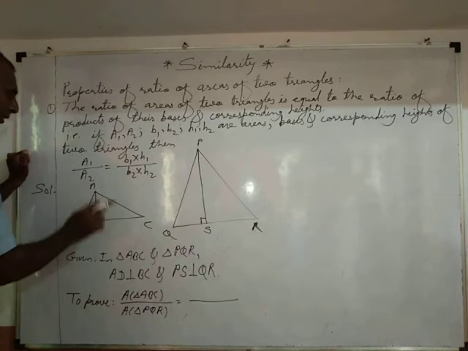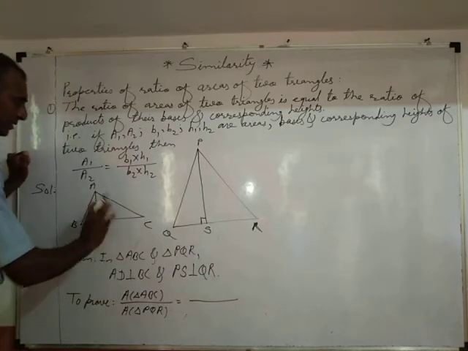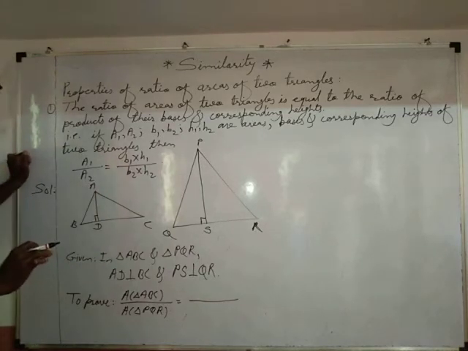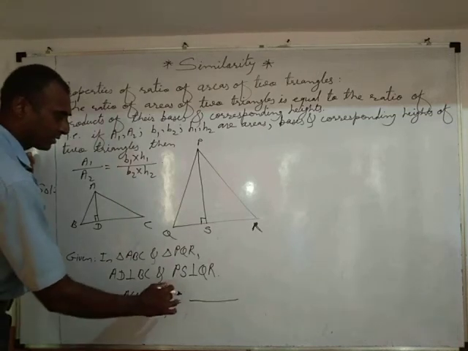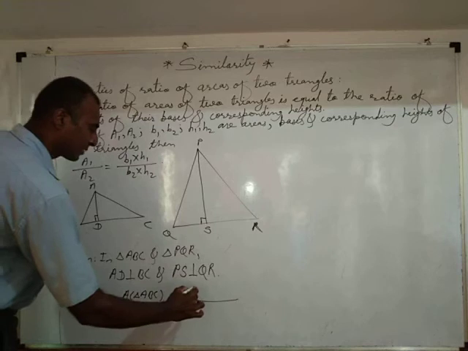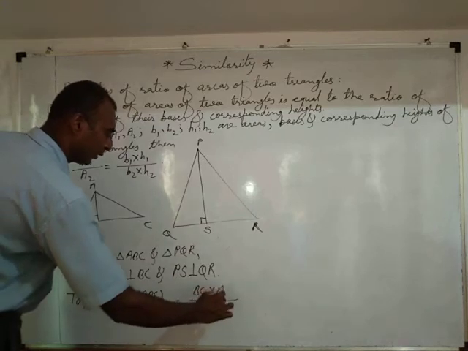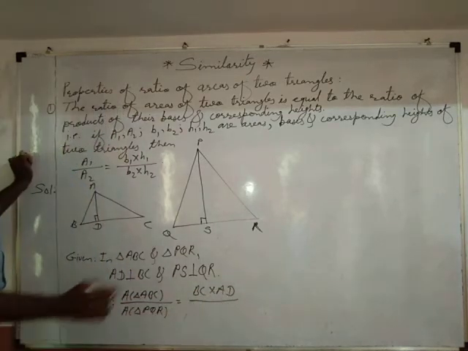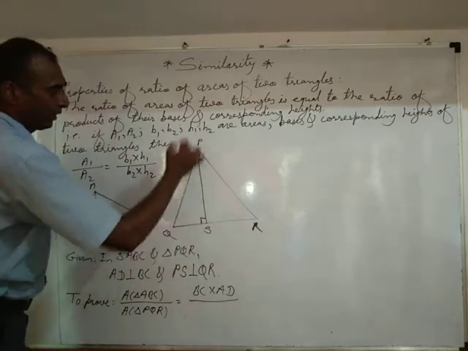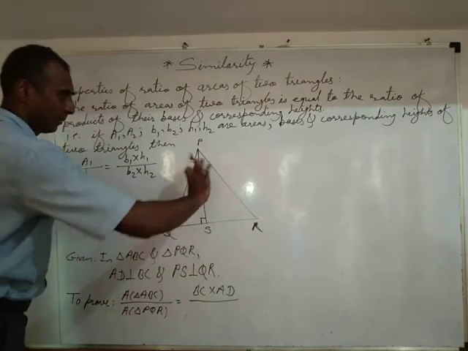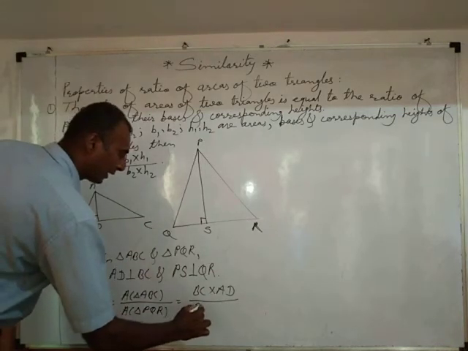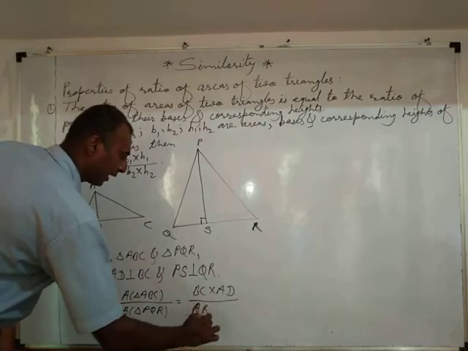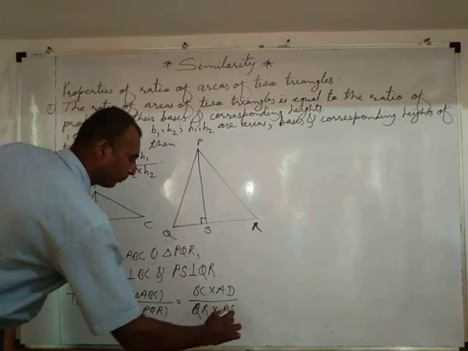In triangle ABC, BC is a base and AD is the corresponding height, so in the numerator we write BC into AD. Similarly, in triangle PQR, QR is a base and PS is a height, so we write QR into PS.